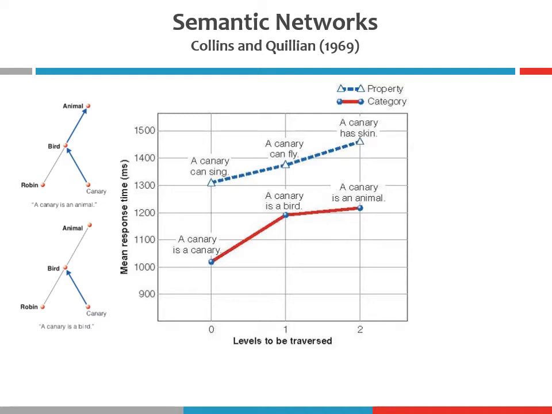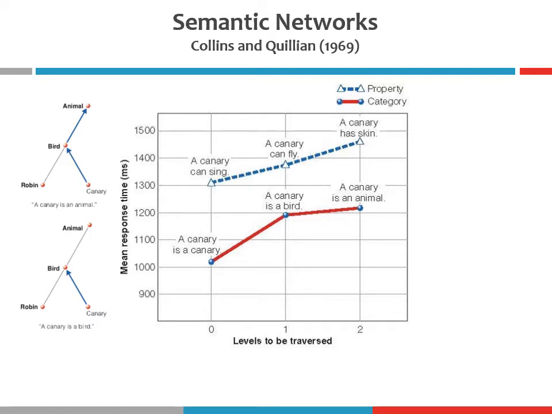So the model predicts that when using this sentence verification technique, in which participants are asked to answer yes or no to statements about concepts, they should be slower to answer the sentence, a canary is an animal, than the sentence, a canary is a bird, right?